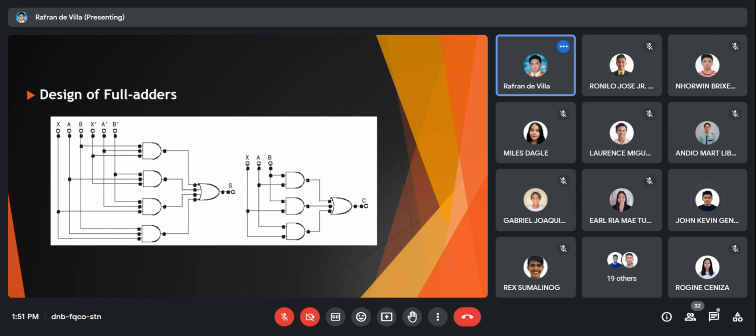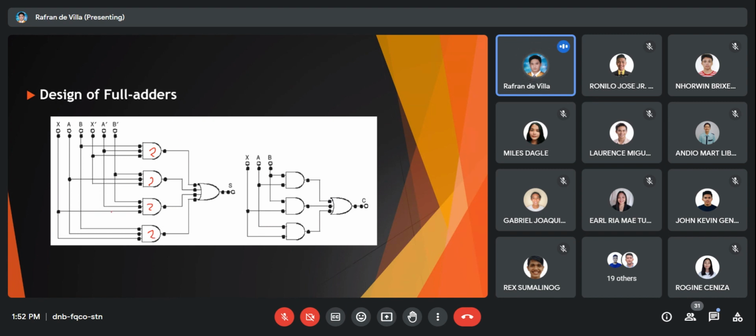Okay? Anyway, looking at this again, if we try to implement this using two-input gates, the number of gates we would use is quite a lot. For this one, this will be implemented using two 2-input AND gates.